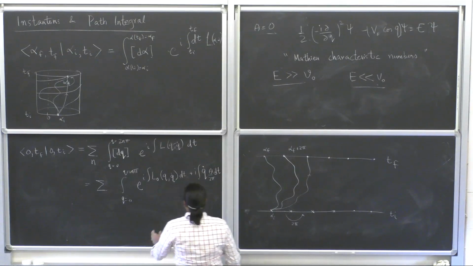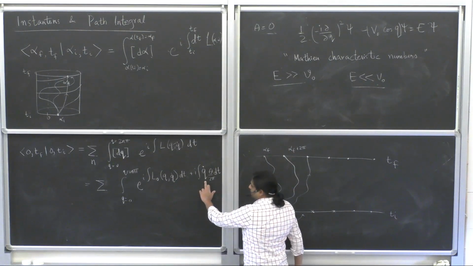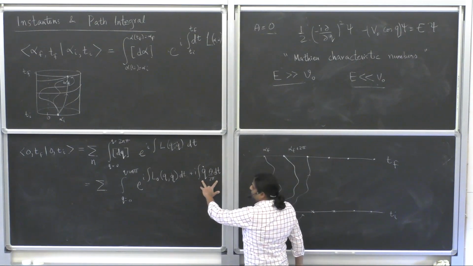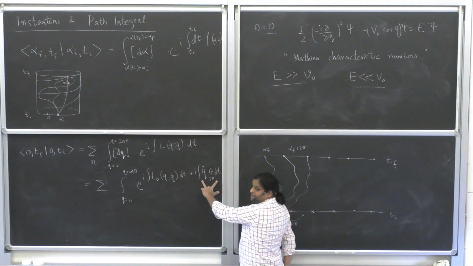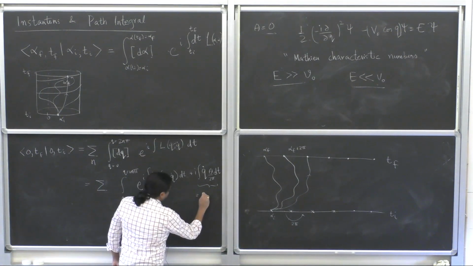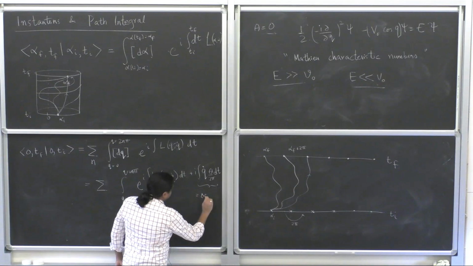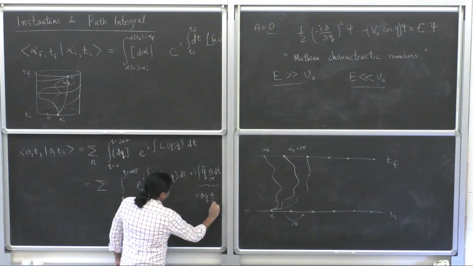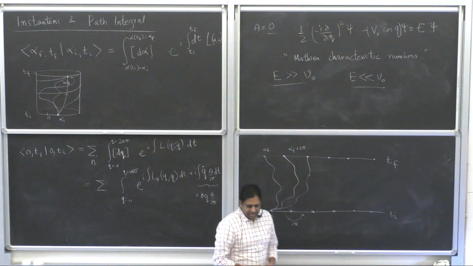So now notice the fact that this is a total derivative is important. This integral only depends on the final and initial values of q. This integral is just equal to delta q times theta over 2 pi. It does not depend on anything.